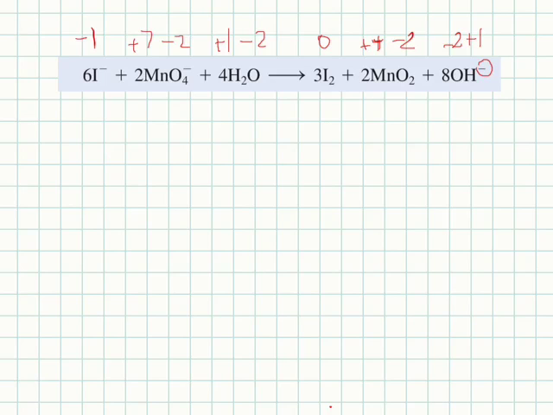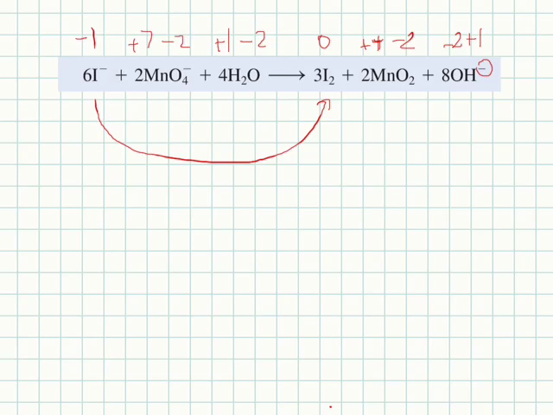Now notice that a couple of the things in this reaction, a couple of the elements, have changed their oxidation states. The iodides started at -1 on the left, and on the right they finished at 0. So let me just draw an arrow from here to here. The iodides began at -1 and finished at 0.